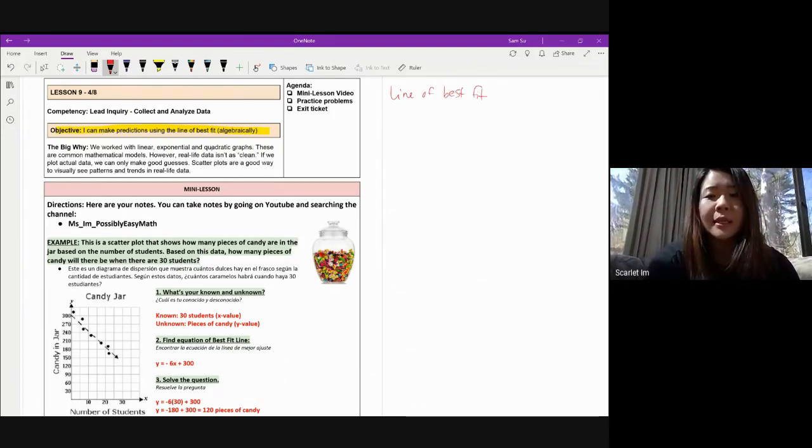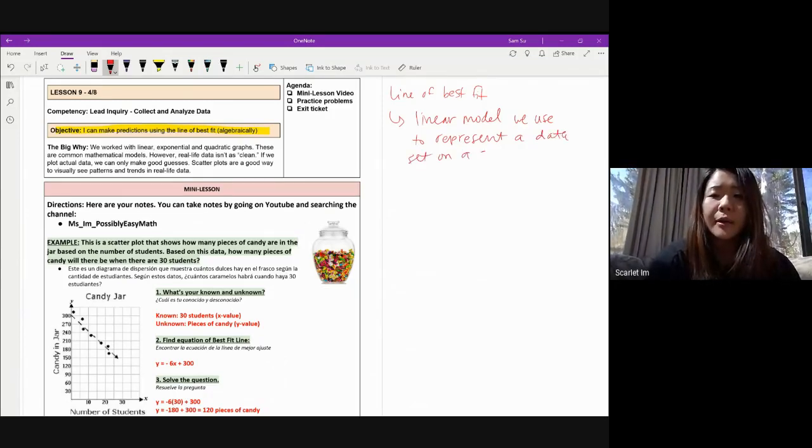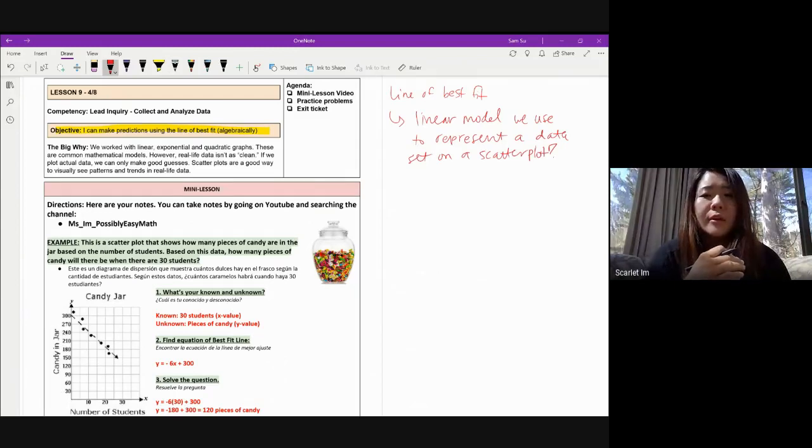That's basically a linear model we use to represent the data set on a scatter plot. And we're figuring out how we can create equations based on this linear model and use that equation to make predictions, to make good guesses based on this data.